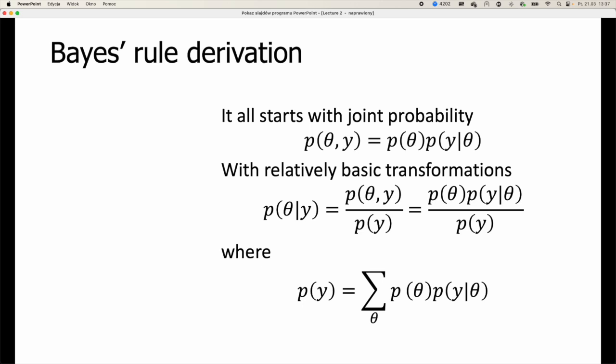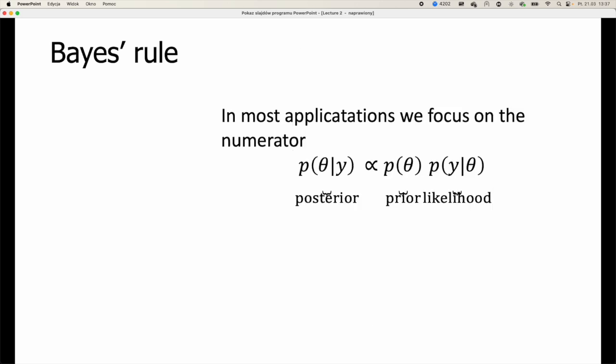So this is something that probably might be a bit complicated. Fortunately, that complicated part does not depend on parameters, and we are interested in parameters. That's why we work, in most cases, on the numerator of this quotient.